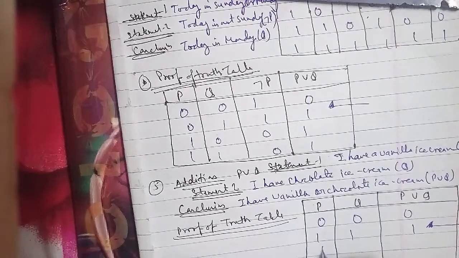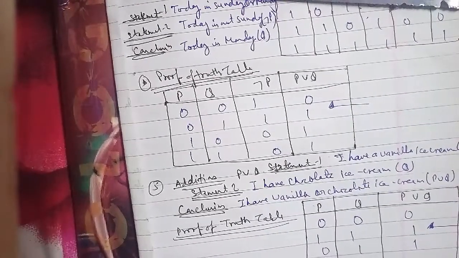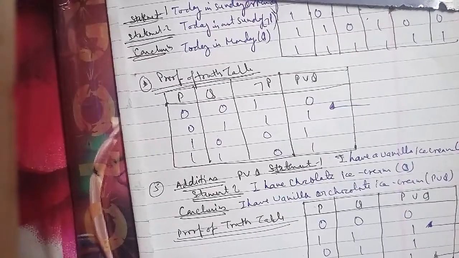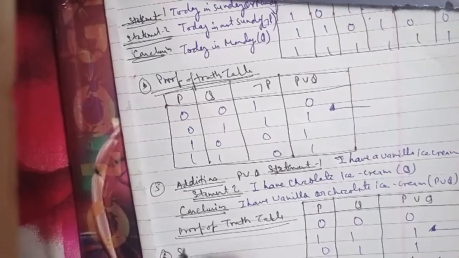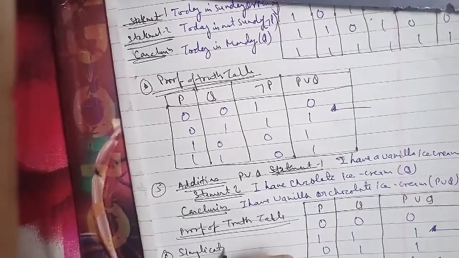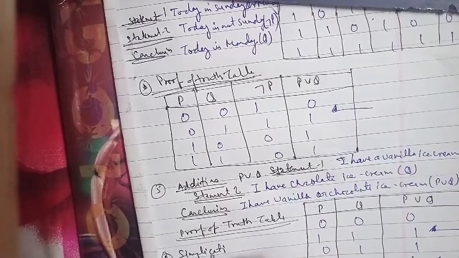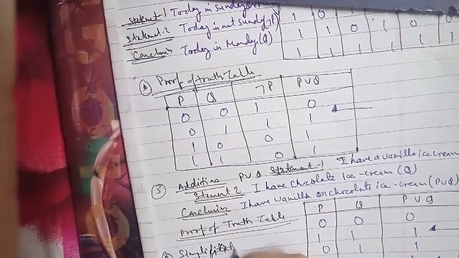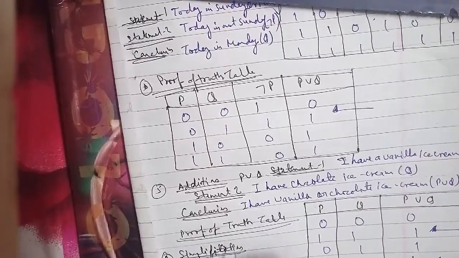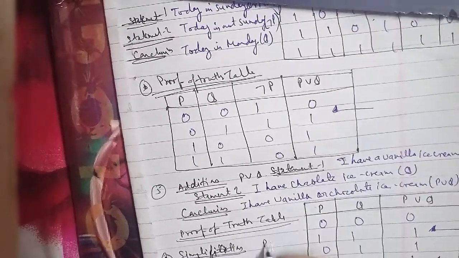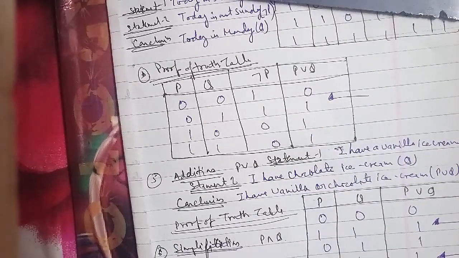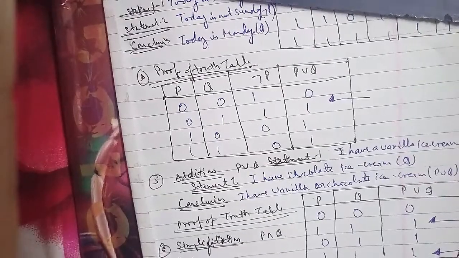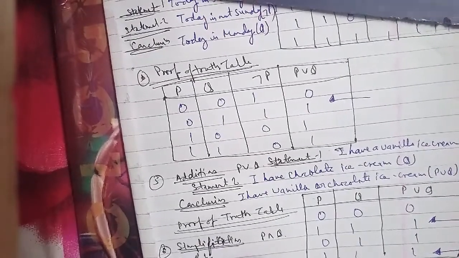So here we have P, Q and P and Q. In the same case for the simplification, if it is 0 0, then it will be 0. If it is 1 0, then it will be 0. And if it is 0 1, then it will be 0. And if it is 1 1, then again we have 1 here. So this is for the simplification.